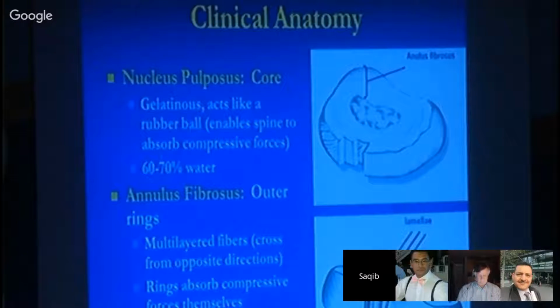But with age, this percentage goes down, and this is part of the degeneration process. The annulus fibrosus is very strong, and you can see that the fibers are crossing. The different lamellae have different directions of the fibers, and this contributes to the stability and to good strength of the annulus.